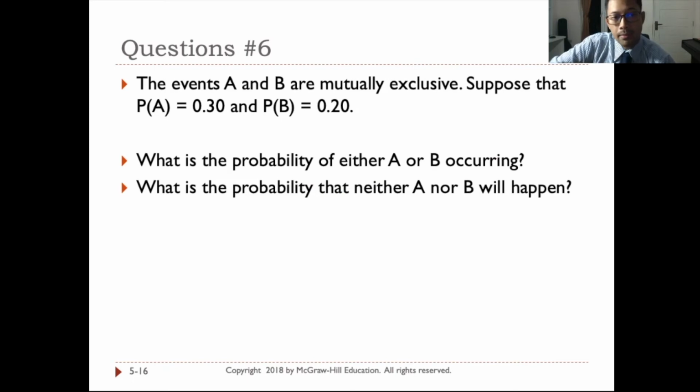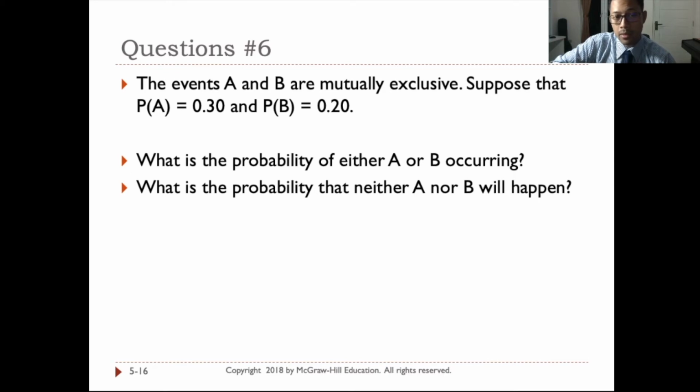Now, another example. So the events A and B are mutually exclusive, and so suppose that the probability of event A is 0.30 and the probability of event B is 0.20. So what's the probability of either event A or B occurring? Well, it's just the probability of A plus the probability of B, which is 0.5.